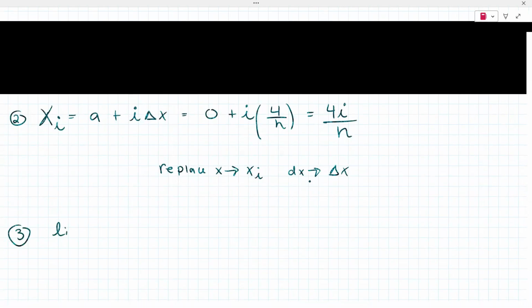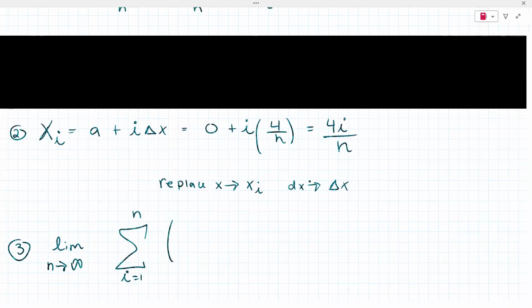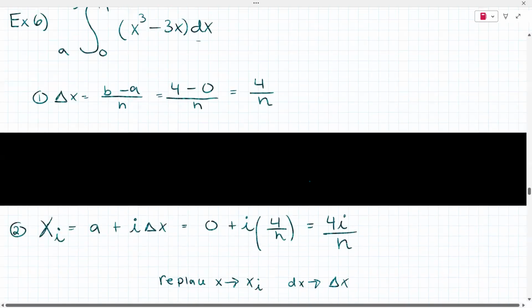So the limit as n approaches infinity of the sum from i equals 1 to n. If you go back to our formula, it is x cubed minus 3x.